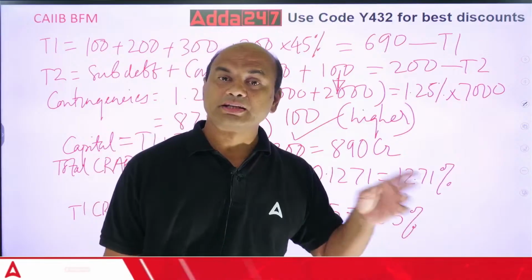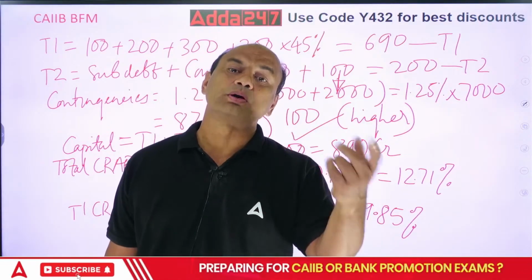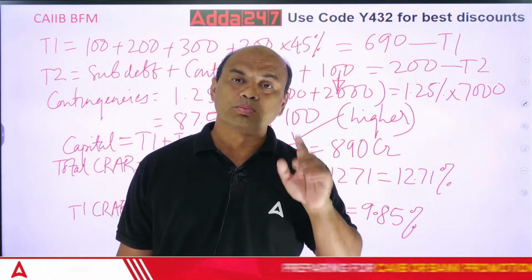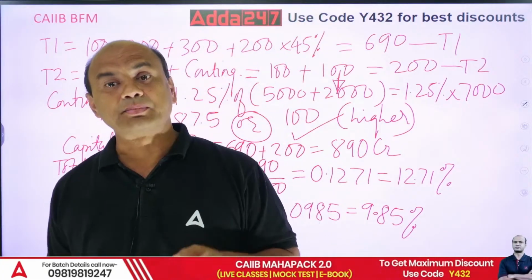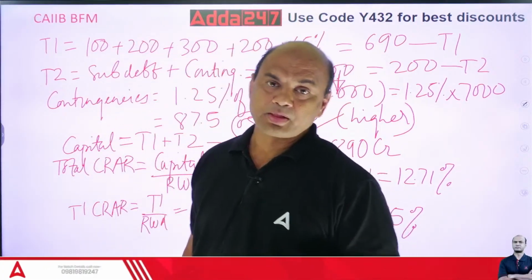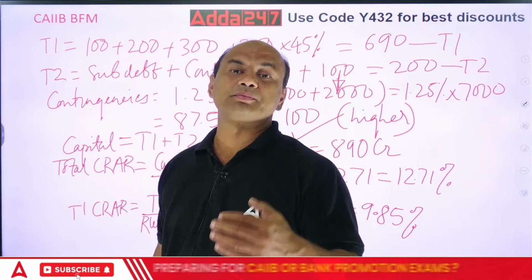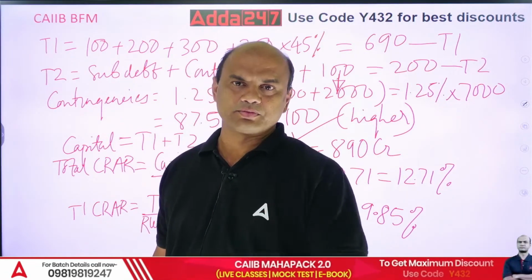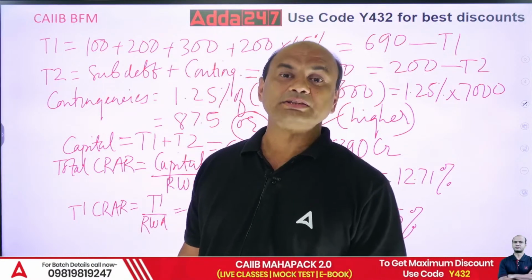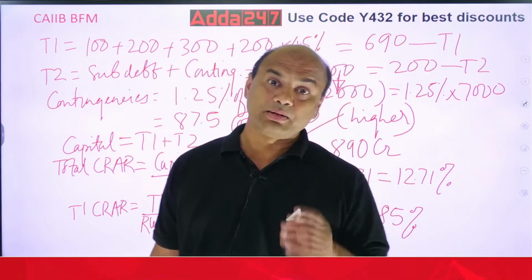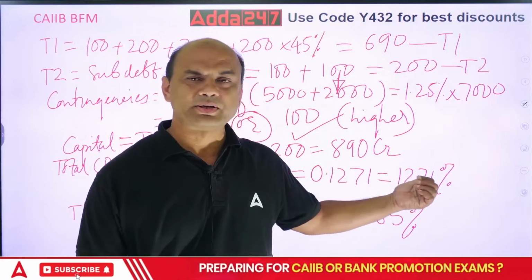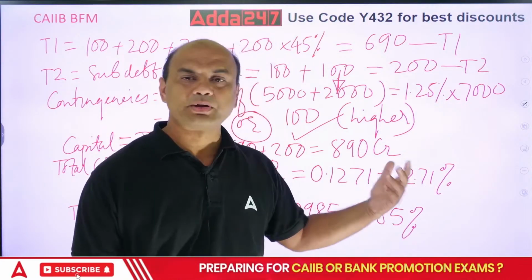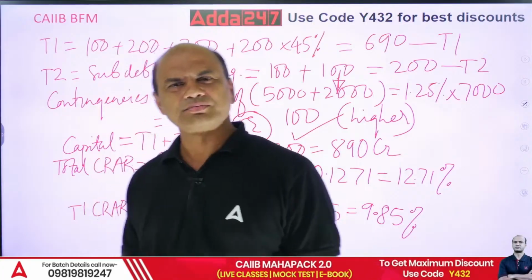Total CRAR is 9% plus 2.25%, where 2.25 is your CCB, capital conservation buffer. So 9 plus 2.25 comes to 11.5%. So it is 11.5% minimum. Here it is 12.71 and 9.85. So done, isn't it?